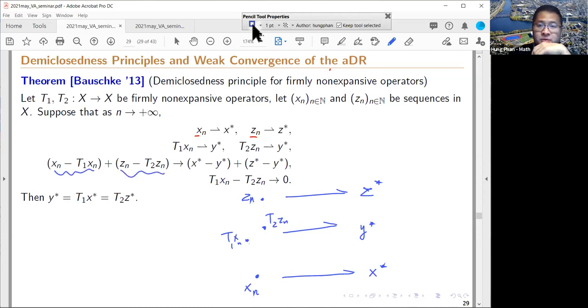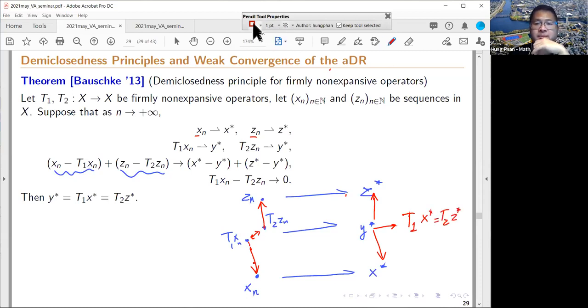So I'm going to use red here. The red vector here, summed up with the red vector here, converges to the sum of these two vectors. Okay. And also the vector difference between T1 XN and T2 ZN converges strongly to 0. If all these are satisfied, then Y star will be T1 of X star and T2 of Z star.